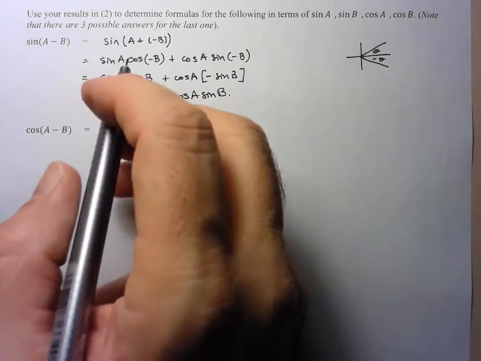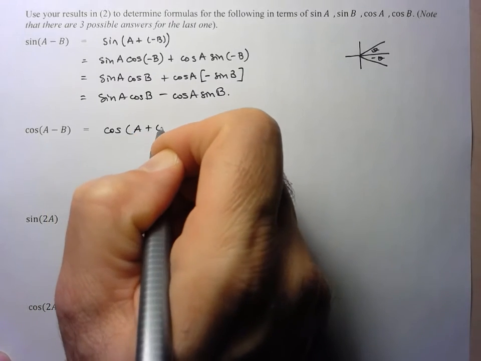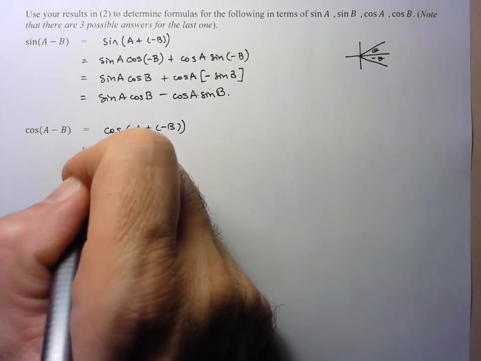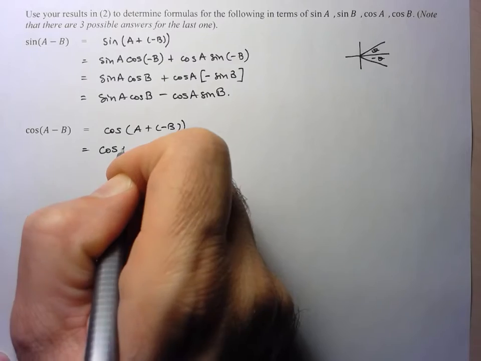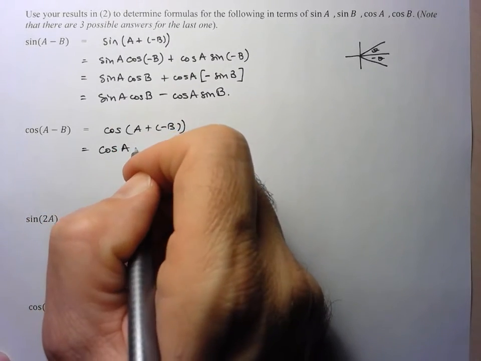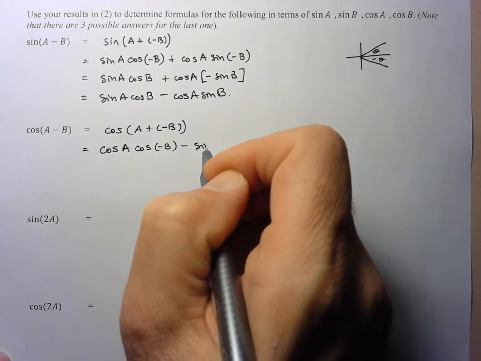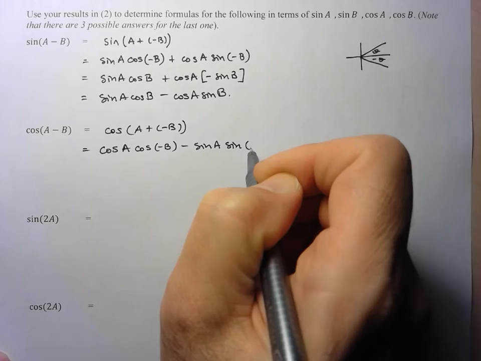Okay, similarly here, we're going to do the same thing. We're going to rewrite this as cos of a plus negative b. So that means now we can apply our compound angle formula for cosine. So cos a cos negative b minus sine a sine of negative b.